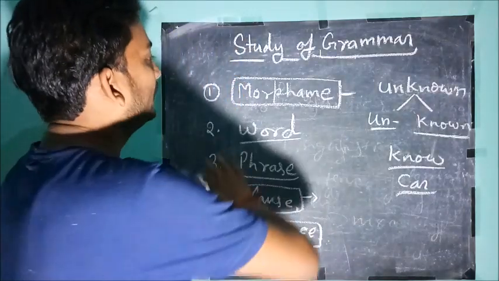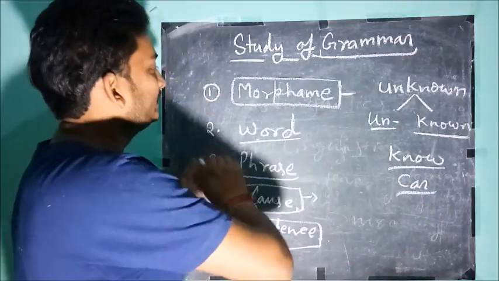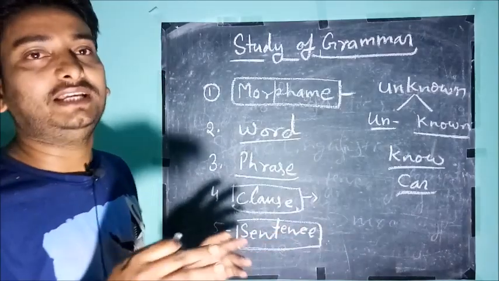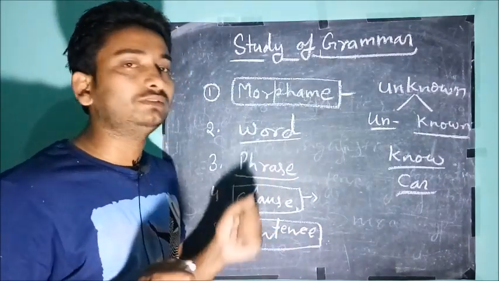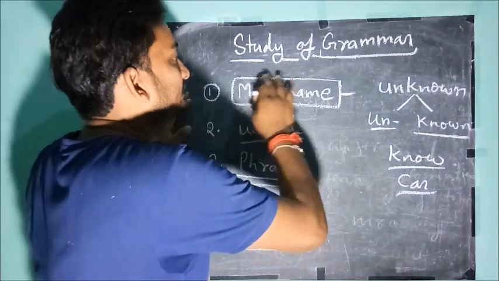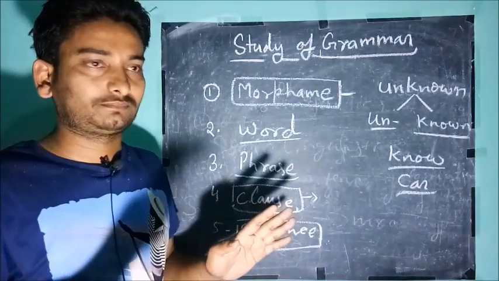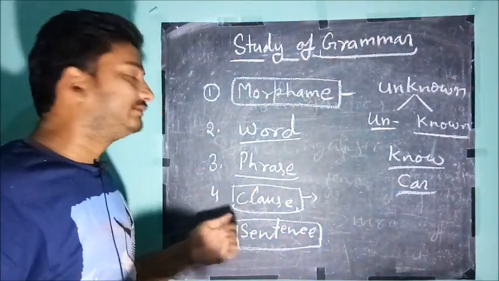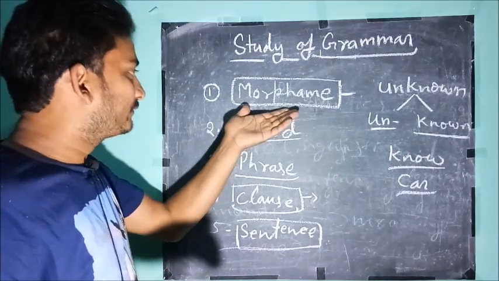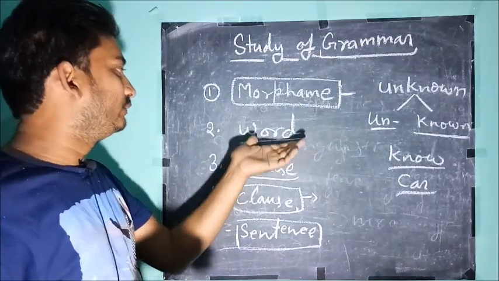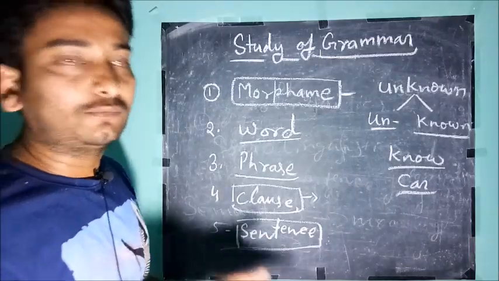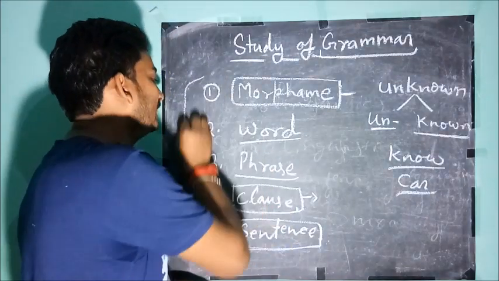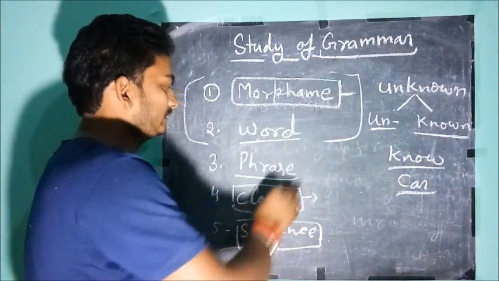So I hope you have understood these 5 elements and units of language which are studied in grammar. All are studied in different parts. Morphemes and words are studied in morphology, that is the study of word formation.